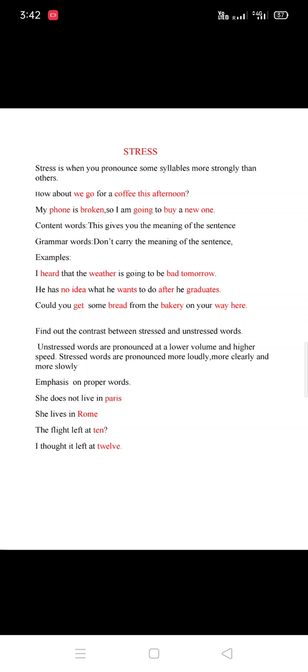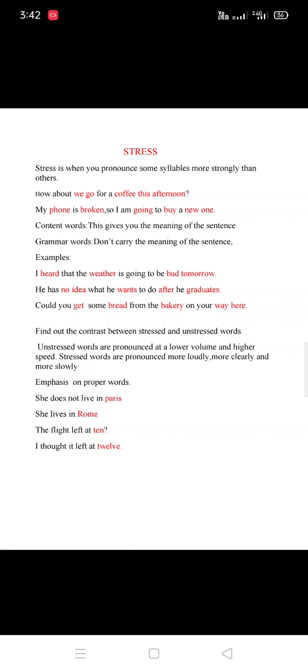Now you have to give emphasis on proper words. You have to identify which are the most important words, what idea you are going to emphasize.